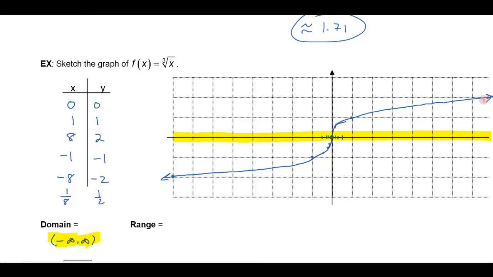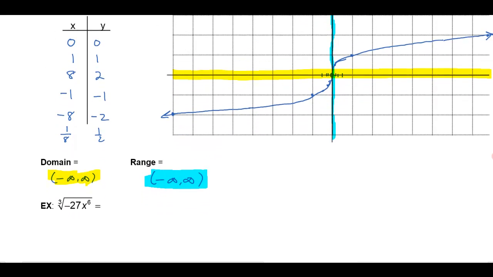This arrow shows it's going to keep going up, and so every one of these y values is also going to be hit, and so my range is also going to be minus infinity to infinity. Okay, so right away I hope you'll see that the cube root functions are actually nicer in the sense that you don't have any of those domain restrictions that we had with the square roots.